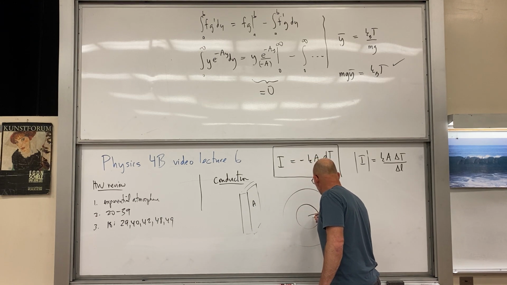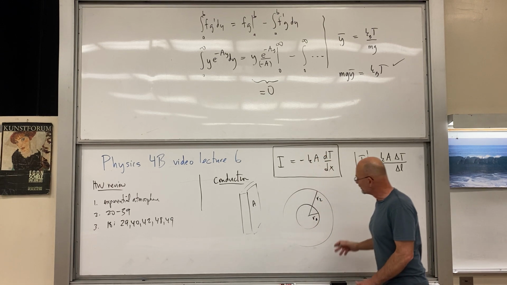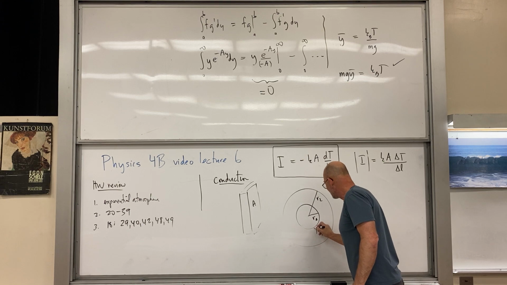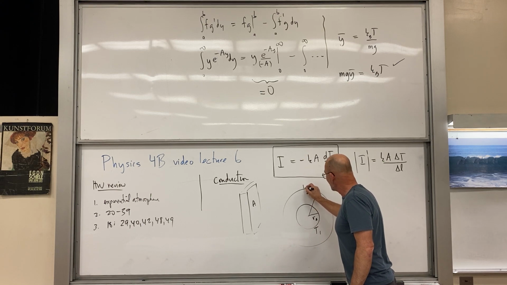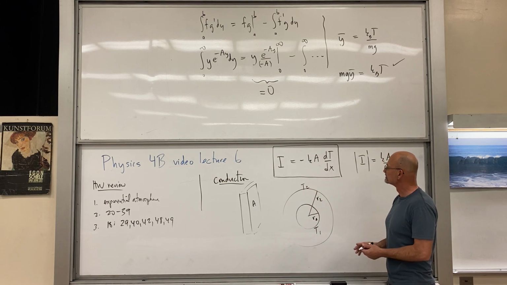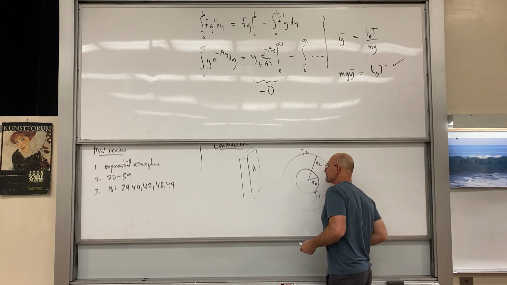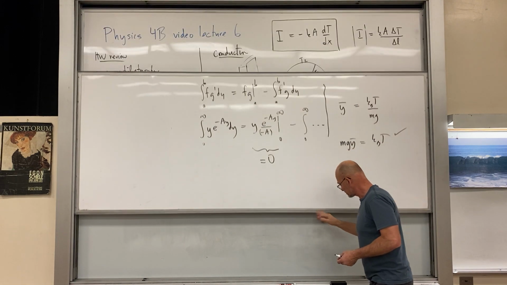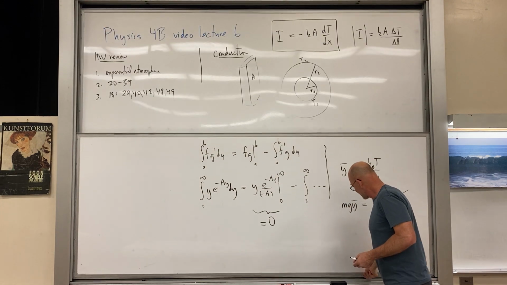with radius r sub 1 and r sub 2, so there's a hollowed out sphere, and we have a temperature T sub 1 and T sub 2, between the inside and the outside. Okay, so this is an interesting problem.